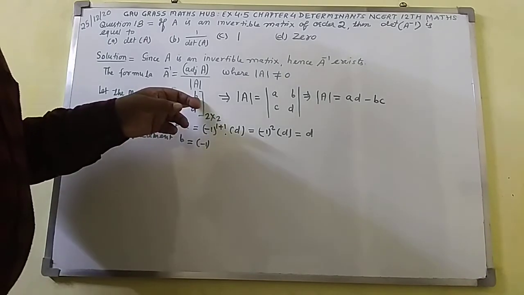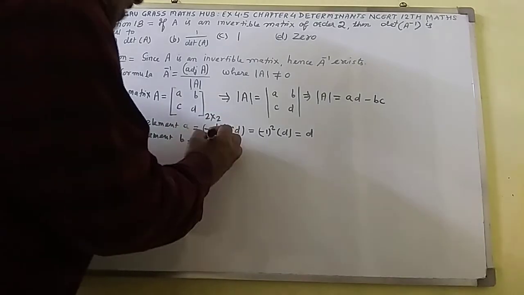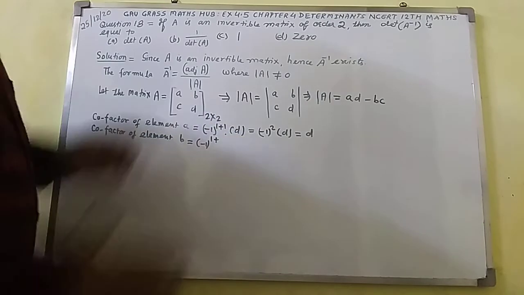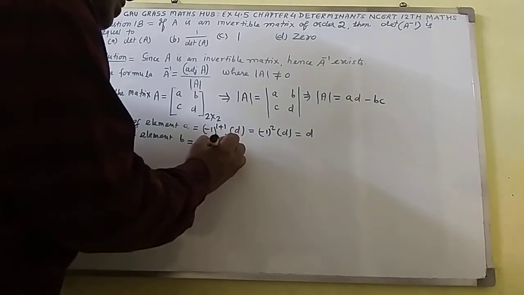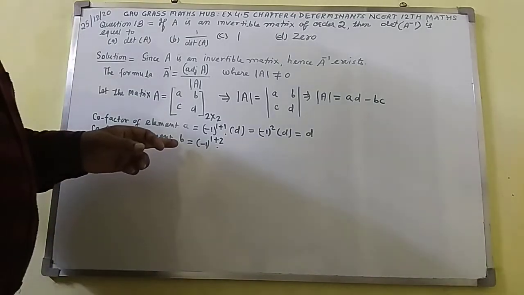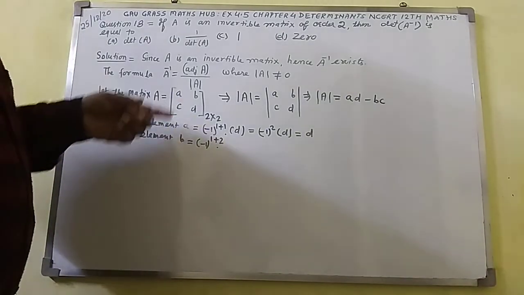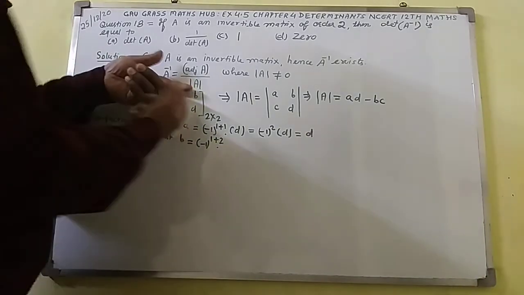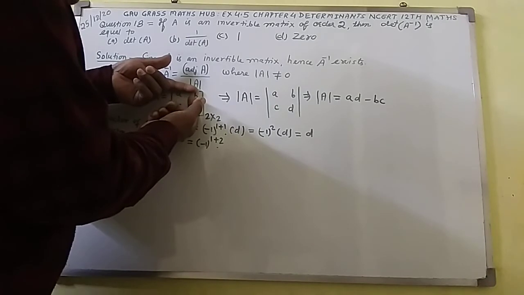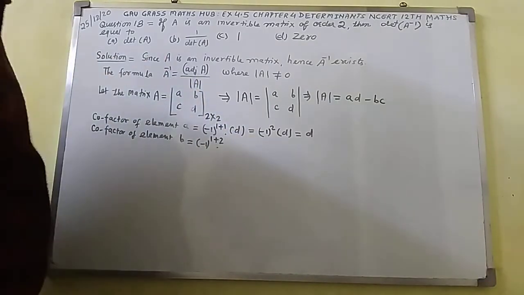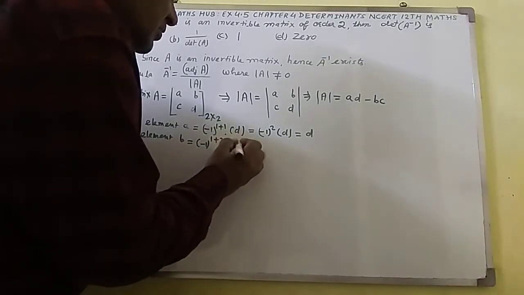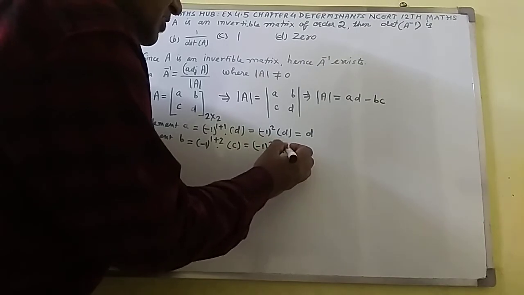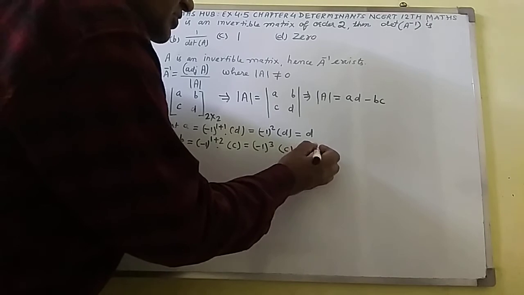B is in the first row, so I shall write 1 plus, and B is in the second column, so write 2. And for the minor of element B: B is in the first row and second column, so the first row and second column will be hidden. You will get the minor of element B as C. So here write C. You will get -1 raised to the power 3 times C, which comes out to -C.